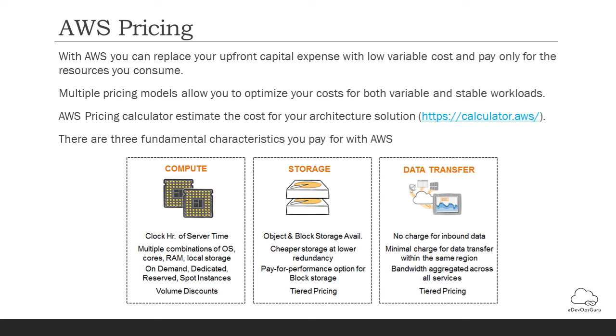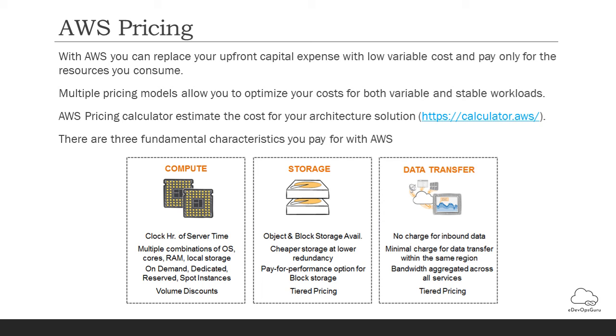The first one is compute, which is server hours, calculated in terms of hours. Compute price is also calculated based upon how many cores you are using and what type of OS it is. For example, Windows may have a licensing cost, while Ubuntu may be free.